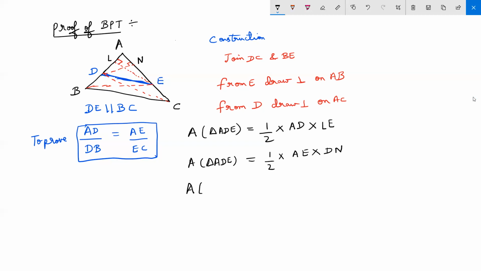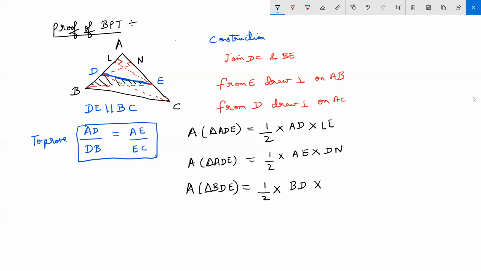So, area of triangle BDE. So this is the triangle, this one is the triangle BDE. Right? So area of triangle BDE will be what? It will also be half into base into height. Now I am considering the base of the triangle as BD.